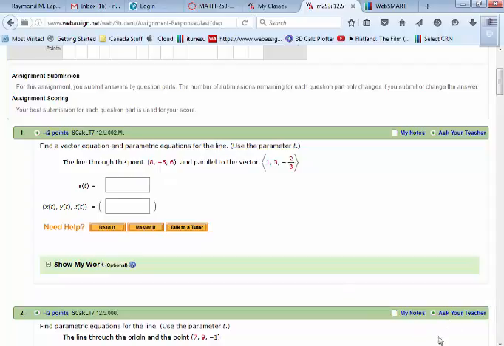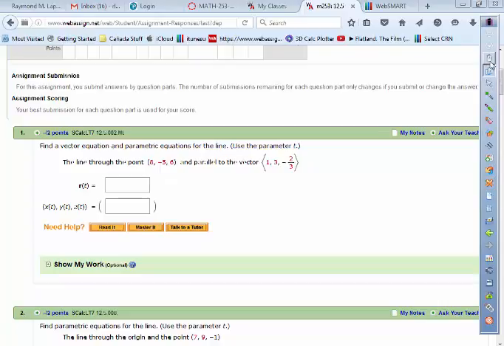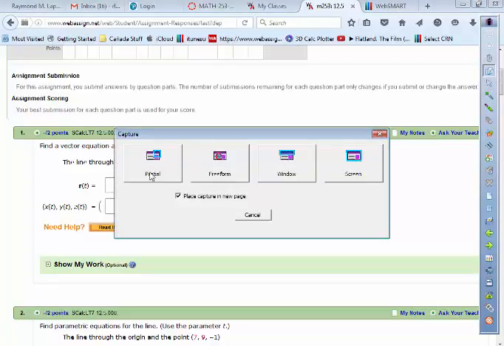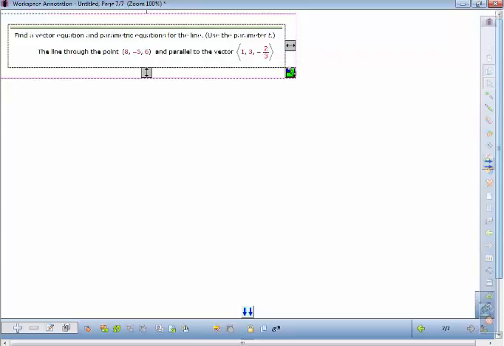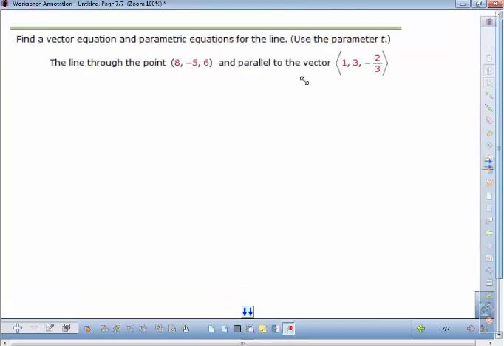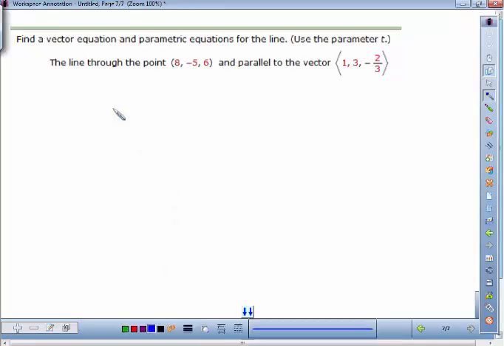Let's take a look at this one right here, the first one, where they didn't give us 2 points, but they gave us a point and a direction, which is what you need. So we want it to pass through this point, and I'm not going to draw the x, y, and z axes because that would just complicate things.